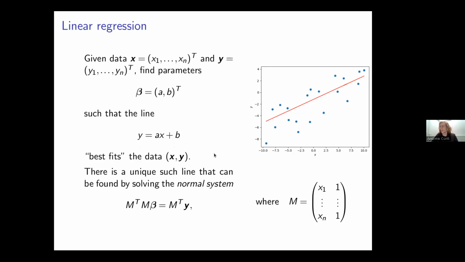So this is a very nice problem. It's probably the most studied regression problem, and it has a very nice system of linear equations that you can use to find the unique solution. And this system is consistent.